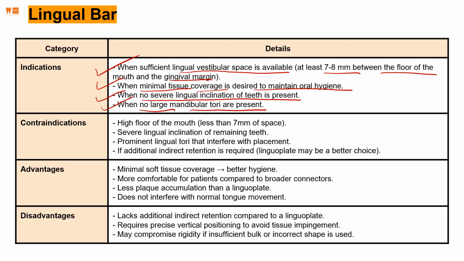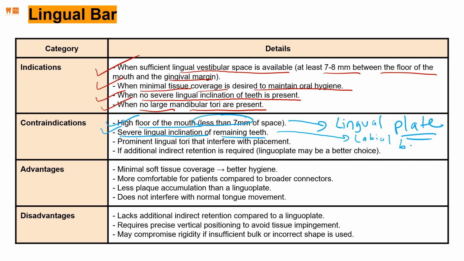When is it contraindicated? It's contraindicated when there's a high floor of the mouth, less than 7 millimeters. Then, of course, we just use a lingual plate. Simple. Severe lingual inclination of remaining teeth, that's when we use a labial bar. Simple.